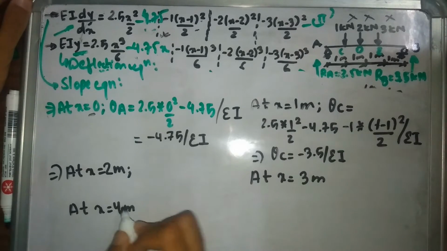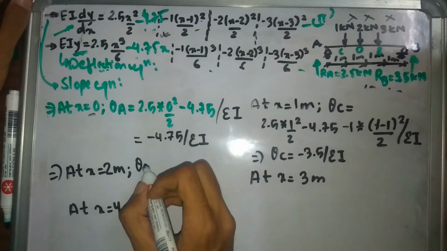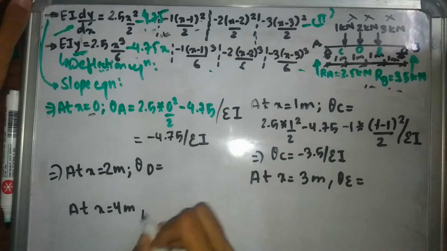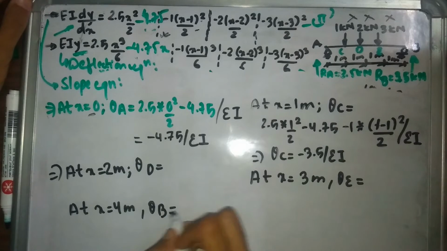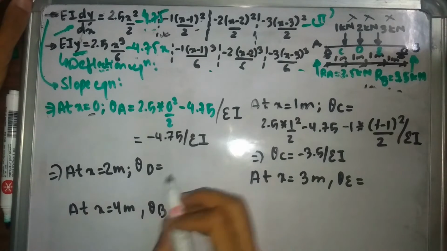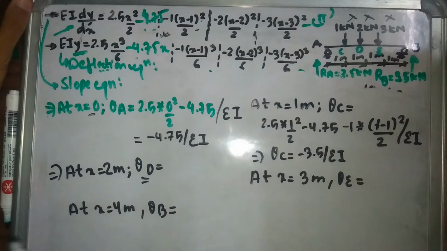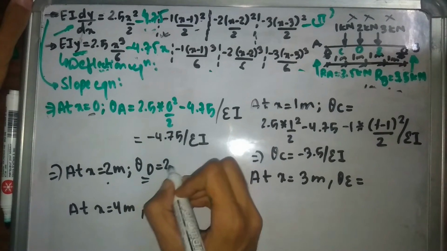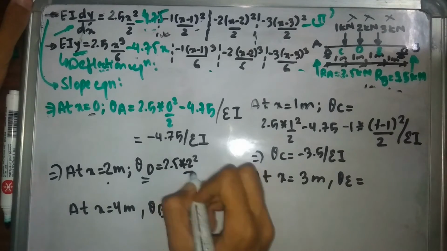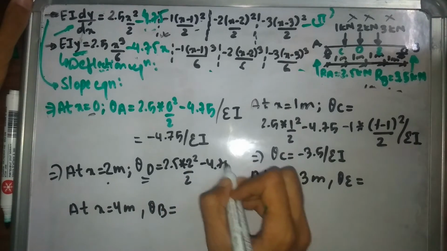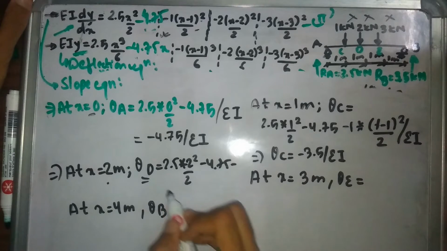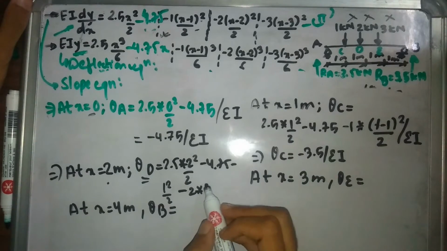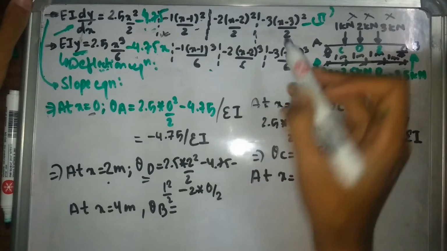So at x equals to 2 meter, I'm going to get my value of theta D, and at x equals to 3 meter, I'm going to get the value of theta E, and at x equals to 4 meter, I'm going to get the value of my theta B. So let me do one more term over here at theta D. So at x equals to 2 meter, this is going to be 2.5 into 2 square divided by 2 minus 4.75 minus, 2 minus 1 is 1, square by 2, minus 2 into 2 minus 2 is 0, by 2. So we're not going to include this term.